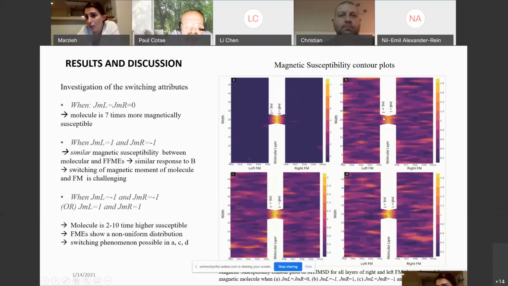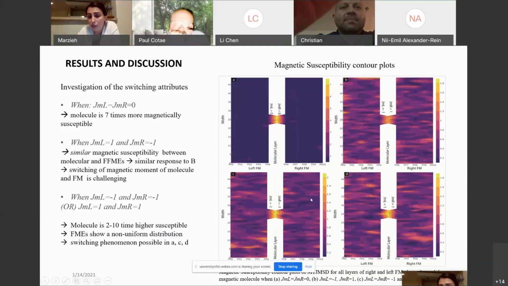But in the -1 and 1 case, even the molecule has the same range of magnetic susceptibility. And in the -1 and -1 case and the 1 and 1 case, which are both ferromagnetic and both antiferromagnetic coupling, the molecule has a stronger magnetic susceptibility compared to the electrodes.